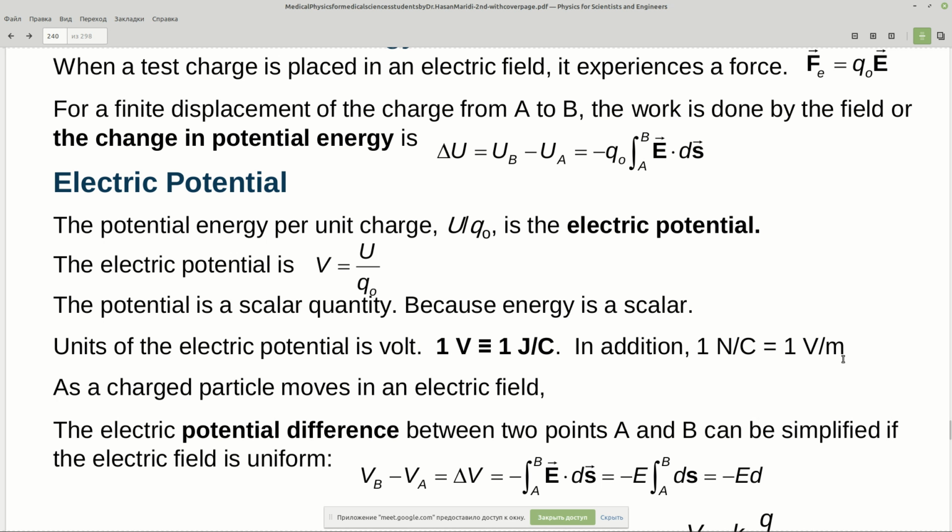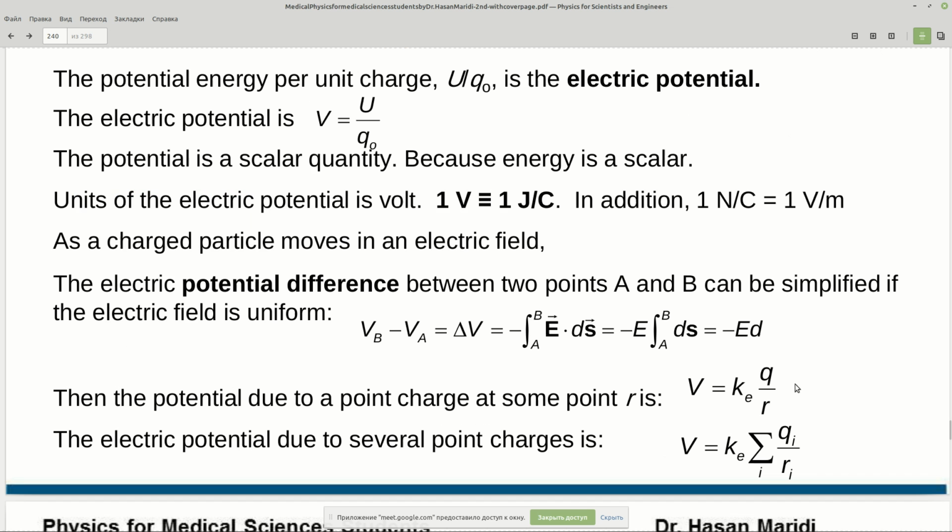The unit of capacitance: the farad is very large. Typically, you will see microfarad and picofarad. Here it is not a milli, it's a microfarad. The formula of the capacitance for the parallel plate capacitor is Q divided by delta V. The end result will be epsilon 0 multiplied by the area of each plate divided by d.